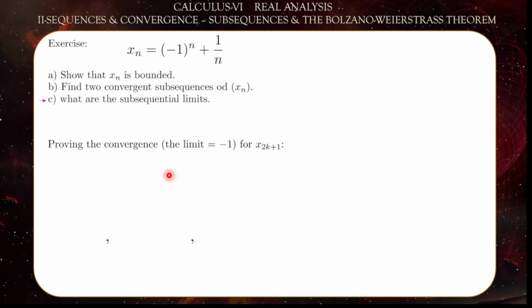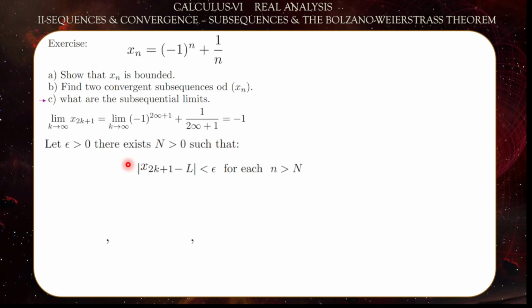Proving the convergence for x_{2k+1}. The limit of x_{2k+1} as k approaches infinity is equal to minus 1. So let's prove it. Let epsilon be greater than 0.